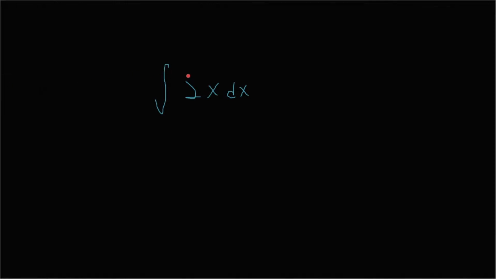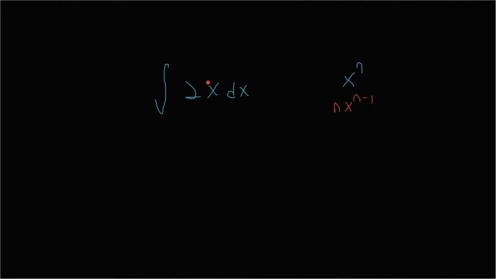Before, we took x to the n and turned it into nx to the n minus 1. So how would we go from here to here? We're going to add 1 to the exponent, because we subtracted 1 here, and then we're going to divide by that exponent.